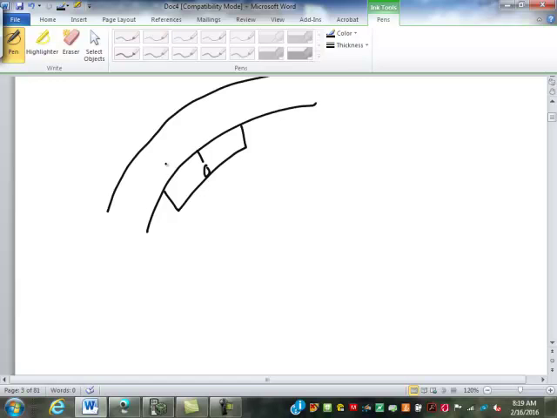So let's say this is like 40 degrees. 1, 2, 3, 4, 5, 6, 7, 8, 9, 10. That's 50. Like that. So the way this protractor is set up is usually set up like this.